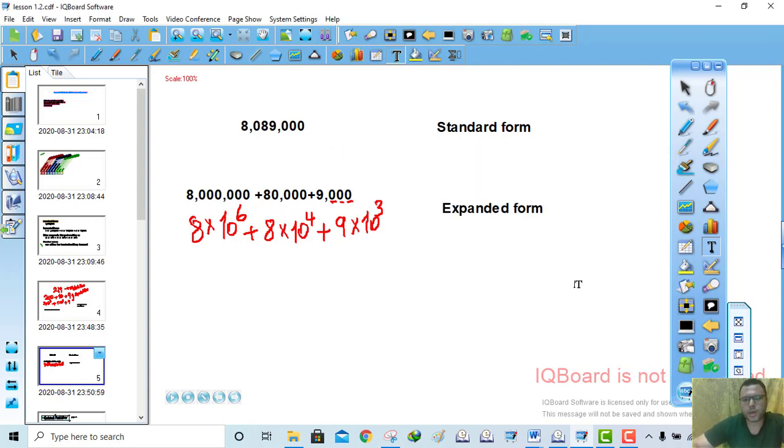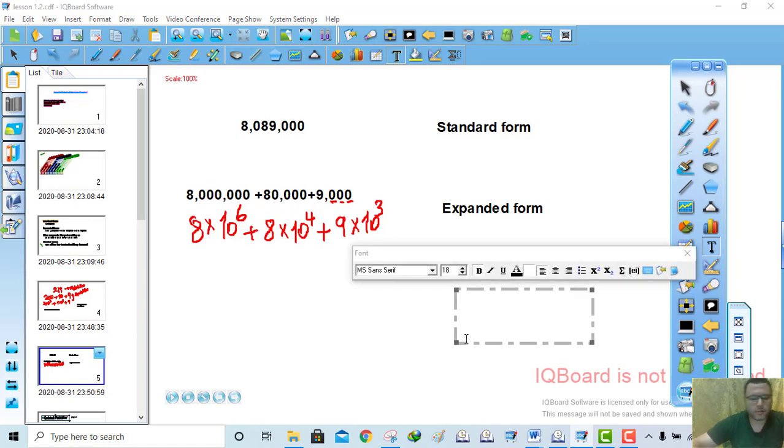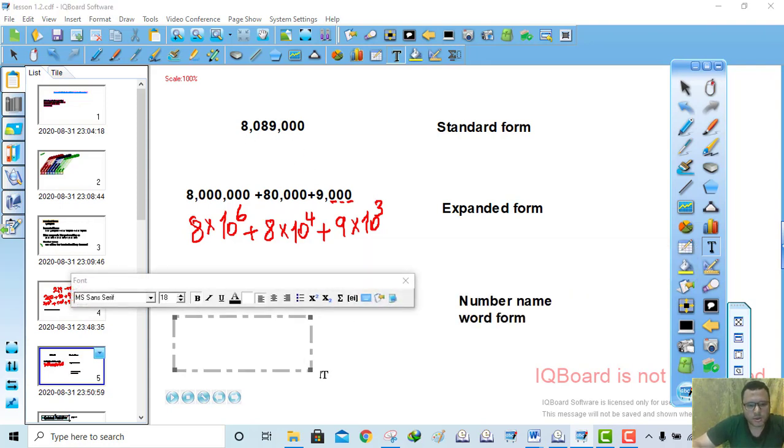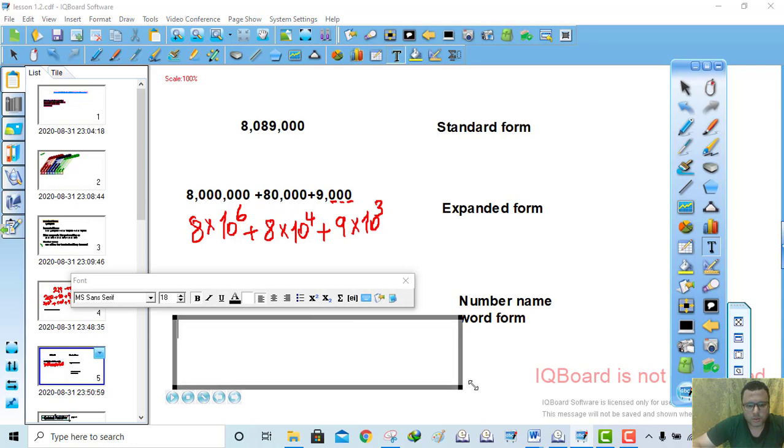Okay, after this, if I need to write it as a number name, or he can ask you as well word form, any of these. If he's asking you number name or word form for this number, you can just write it in letters, to write it in words.